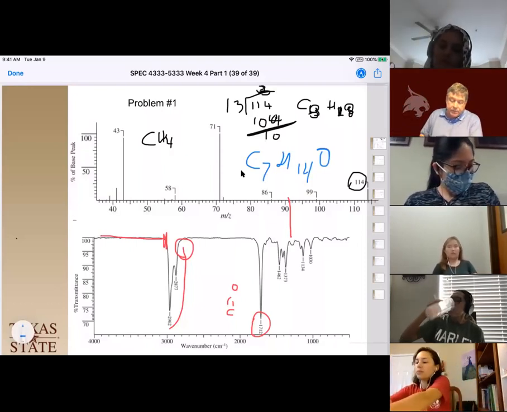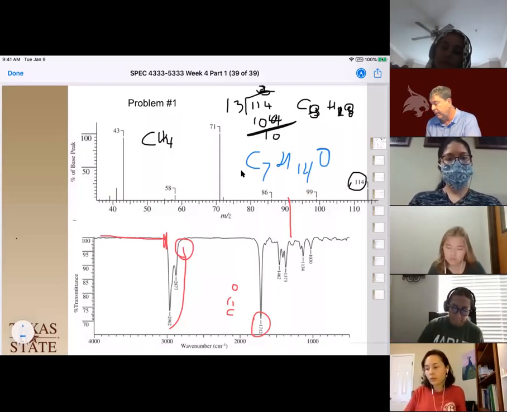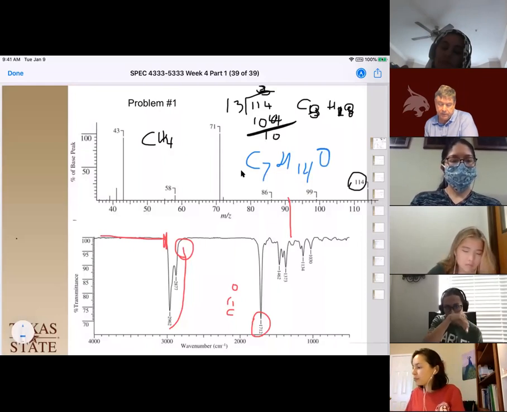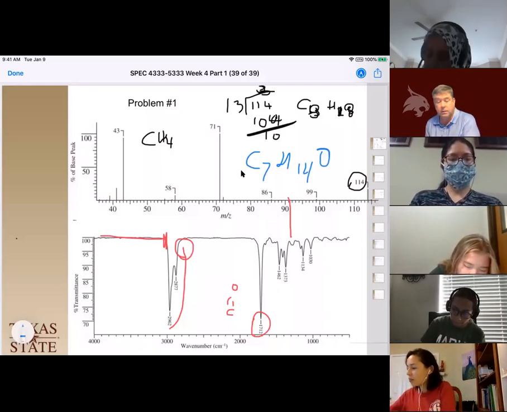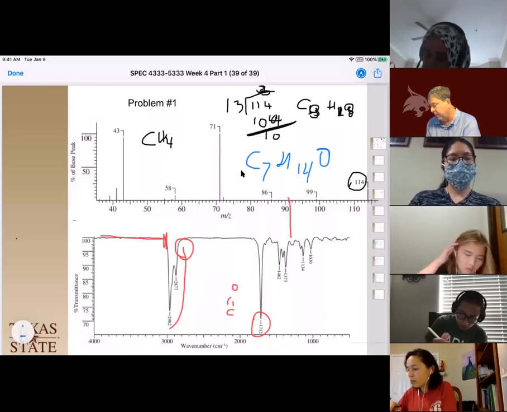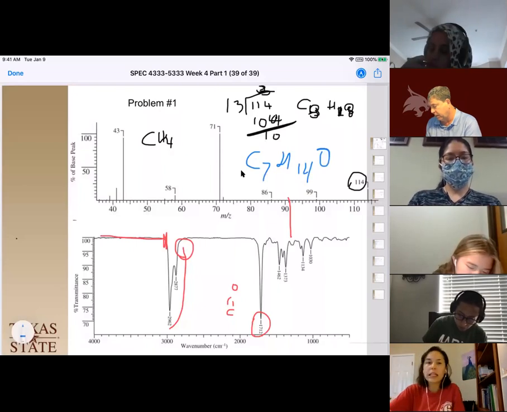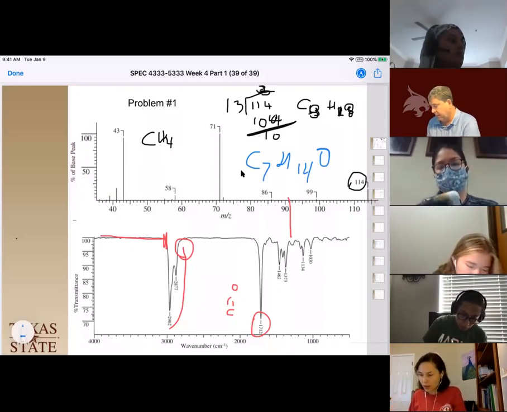let's look at our major fragment here of 71. That's our base peak right there. Since our parent ion peak is 114 and our base peak is the 71, what kind of fragment typically associates with 71? I should have paged that.